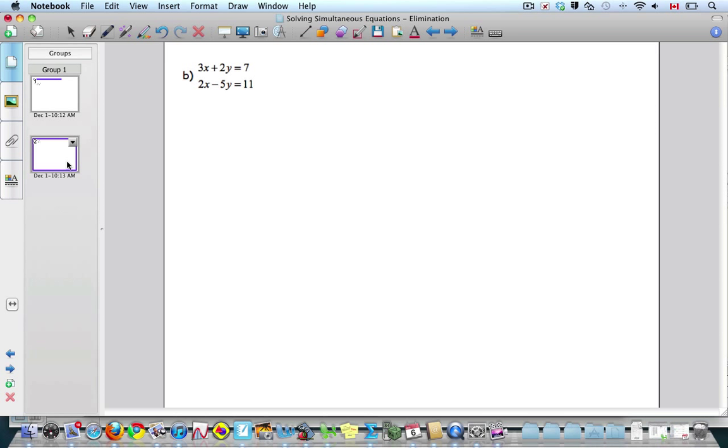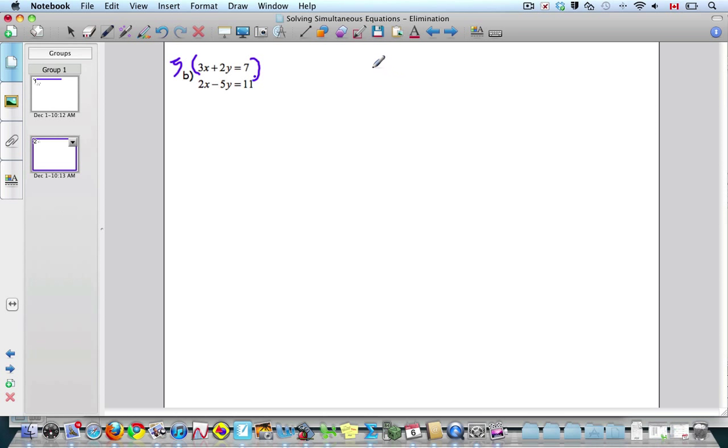Okay, this one's not so simple because if we notice, we have a 3x and a 2x and a 2y and a negative 5y. Well, I like to add as opposed to subtract. So I see a positive y here and a negative y here. If I take that first equation and multiply it by 5, I would have a 10y.